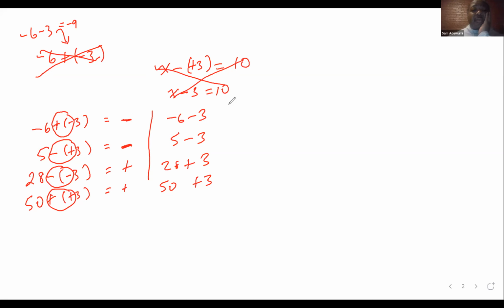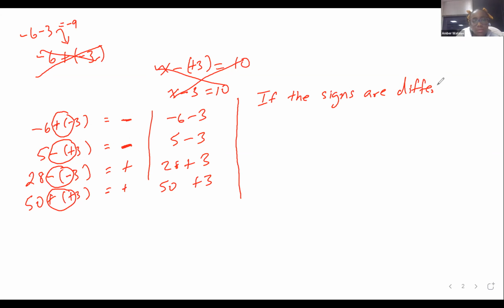Now, somebody give me a rule. What did you notice? Same kind of rule that we did before. Plus and minus gives us a minus. Negative and positive gives us a negative. Give me a rule for that. What do you think? I'm going to start it off. So the signs are different.